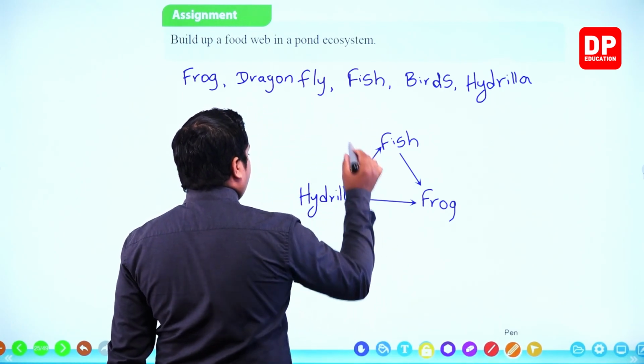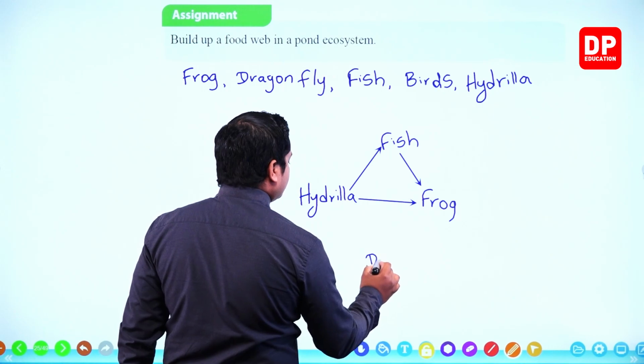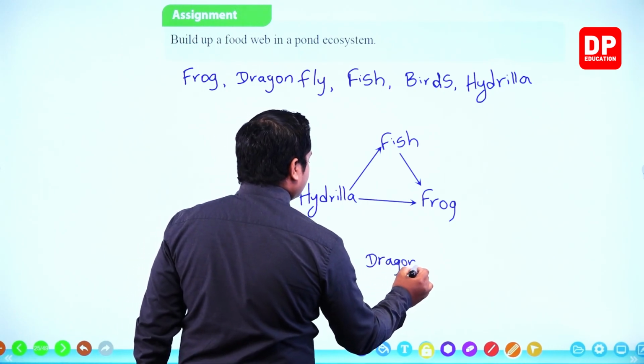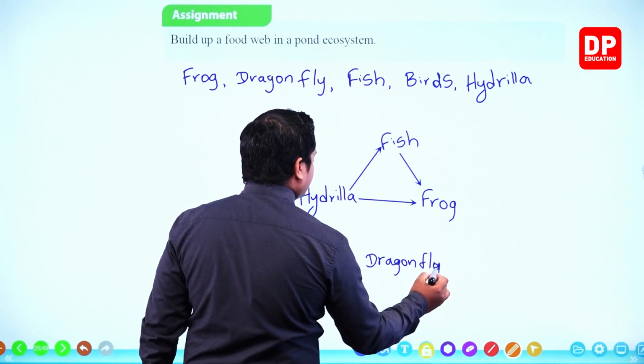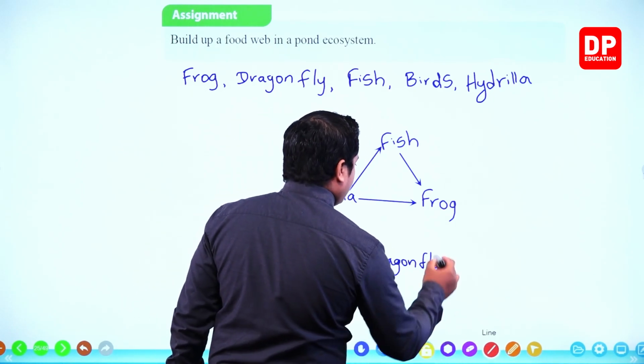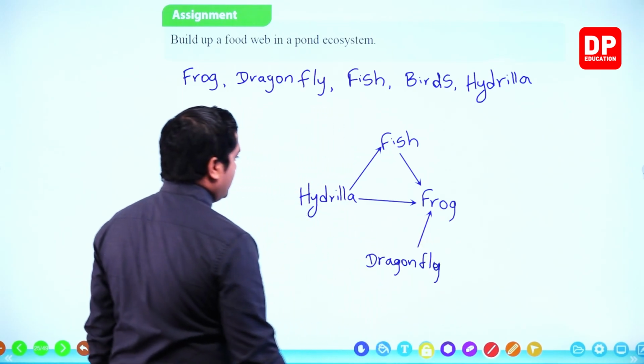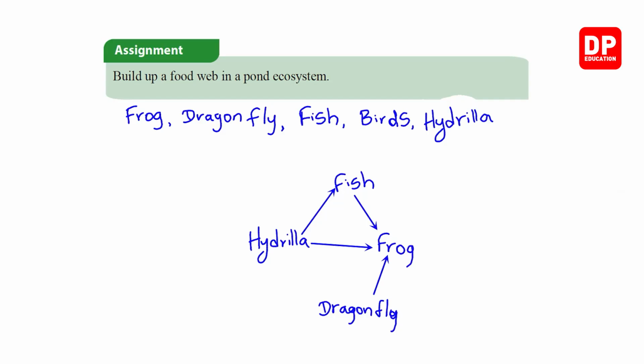Then dragonfly. So dragonfly is being eaten by frog once again. Then you know that there are different kinds of mosquito larvae living in pond water, right? So larva. So hydrilla plants are being consumed by larva. Larva is being eaten by the dragonfly. Then dragonfly is being eaten by the frog.